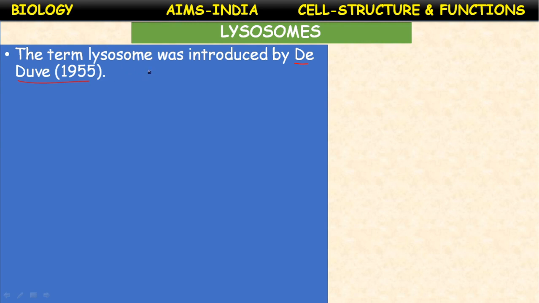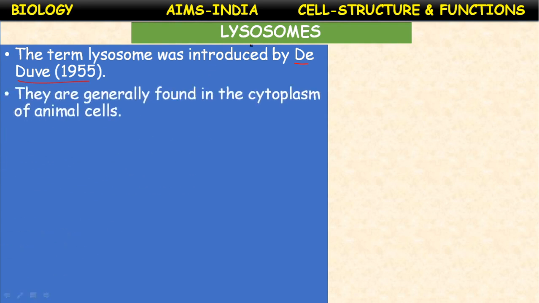These are organelles present only in animal cells. They are absent in plant cells. They contain several destructive enzymes. The enzymes normally do not come in contact with the rest of the cell because they are bag-like or sac-like structures inside which these destructive enzymes are present.